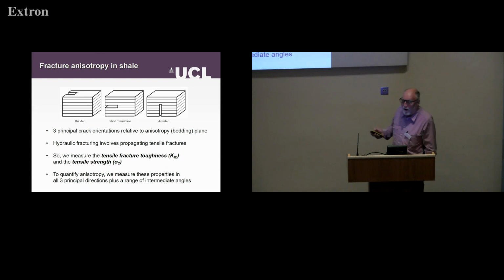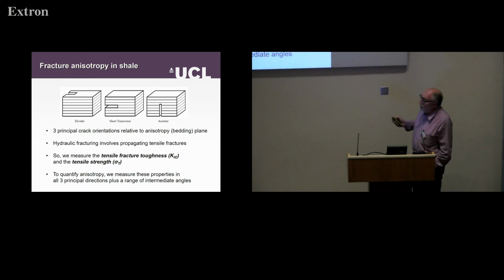To define the anisotropy in a layered material, what you have is essentially a planar fracture interacting with a planar material, and people have defined three principal crack orientations that are called divider, arrestor, and short transverse.